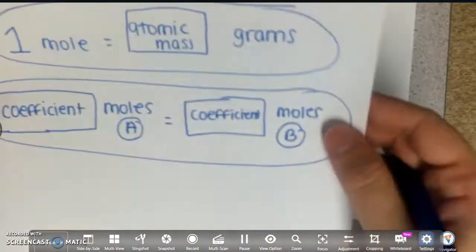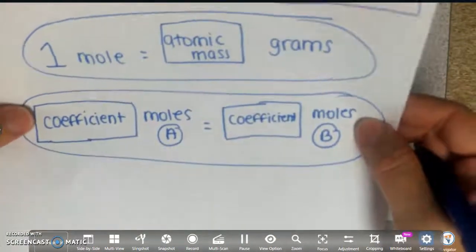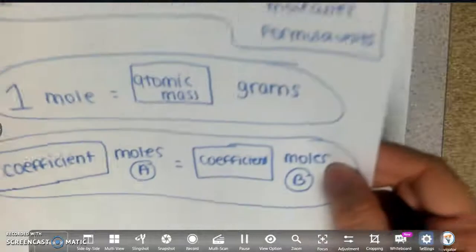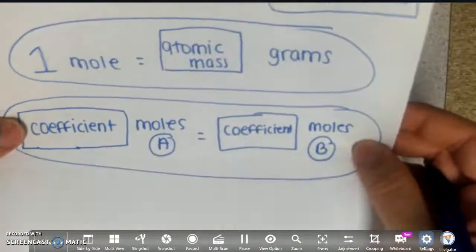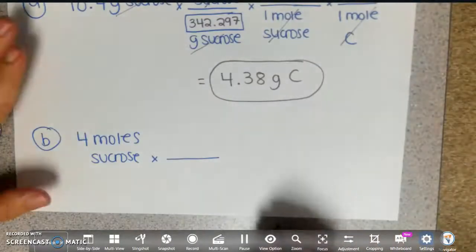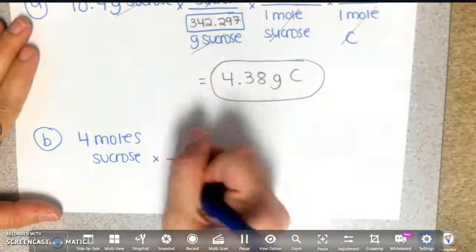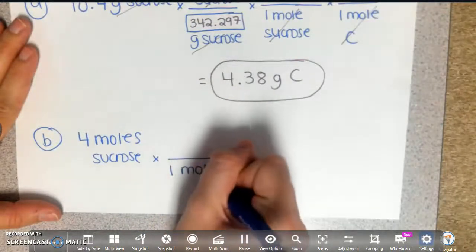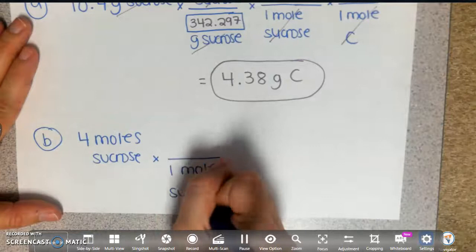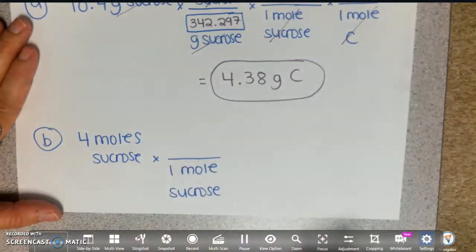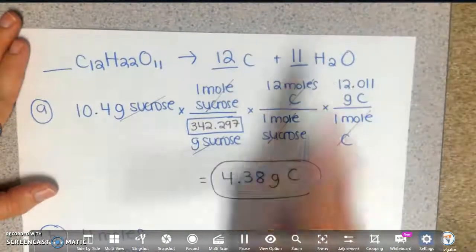And so I can't put 1 mole sucrose and grams of water up here. Those don't equal each other. You have to use this conversion every single time. Just telling you, you'll always use this. Always. And so the coefficient for sucrose is a 1. So 1 mole sucrose. And again, I write it at the bottom so that unit cancels. And 1 mole of sucrose is 11 moles of water.